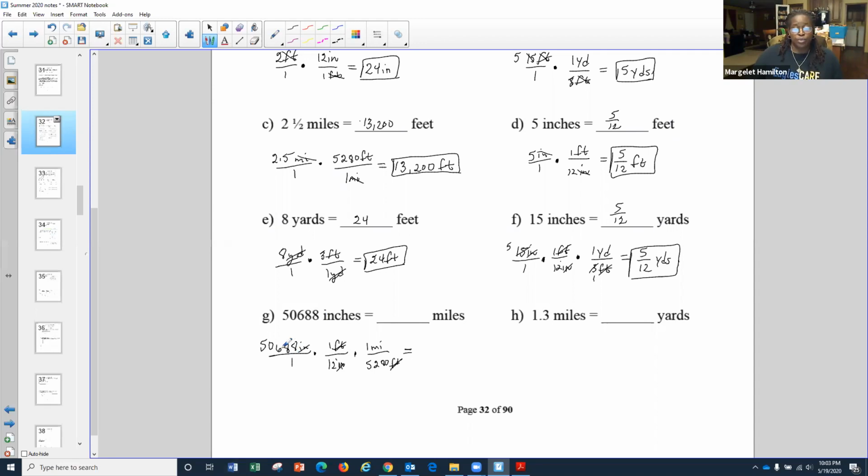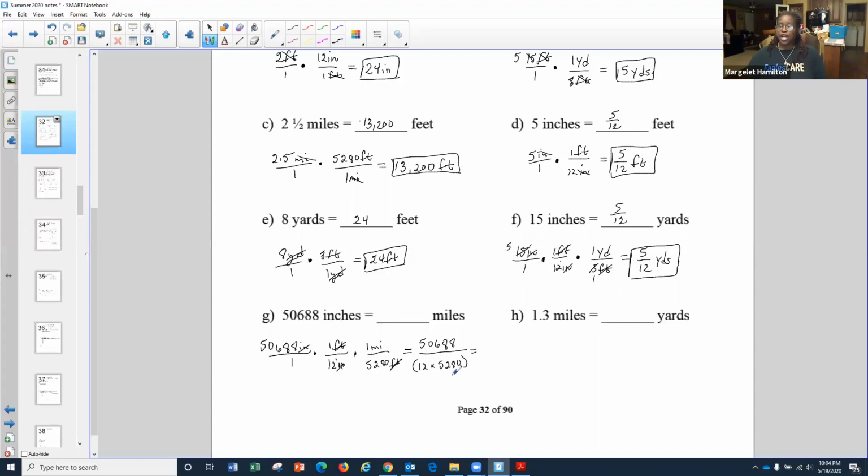You're going to put 50,688 divided by, use your parentheses, and then tell your calculator 12 times 5,280, and then close the parentheses, and then push equals. What does this do?